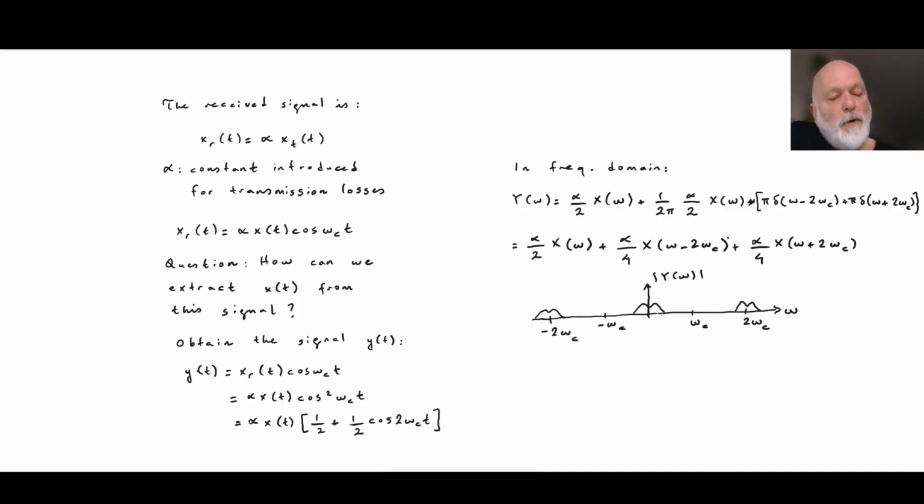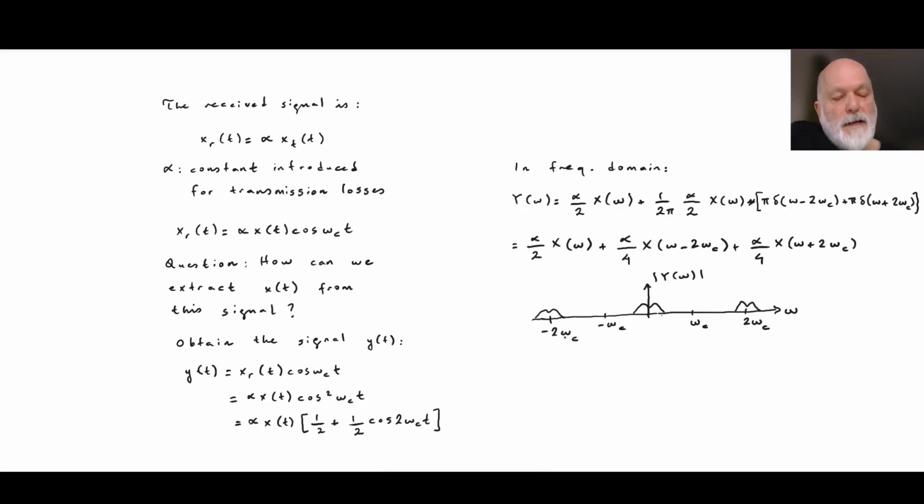So how can we obtain x of t or X of omega? Just by low-pass filtering. To get rid of the frequency components centered around 2 omega c and minus 2 omega c, we can use an ideal low-pass filter with a cutoff frequency slightly greater than omega m.